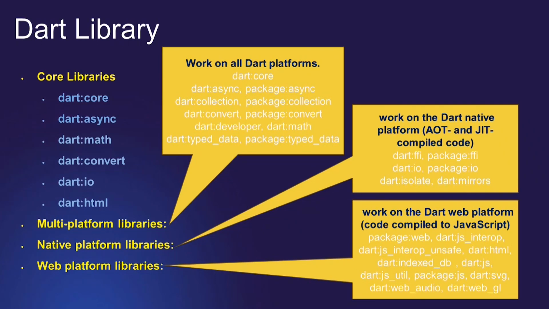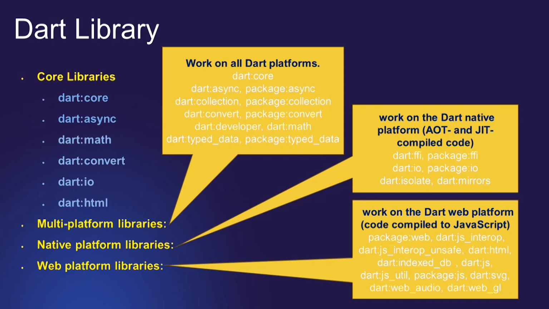Another is dart:async, which supports asynchronous programming with classes such as Future and Stream, and the math library is used for defining constants and functions plus a random number generator.